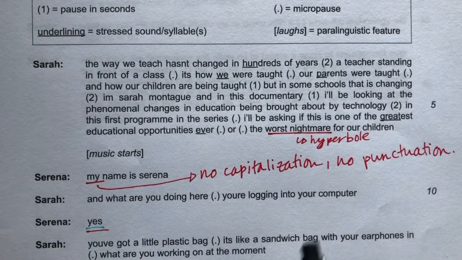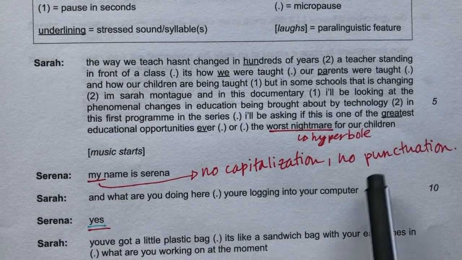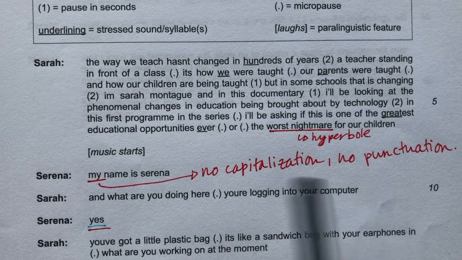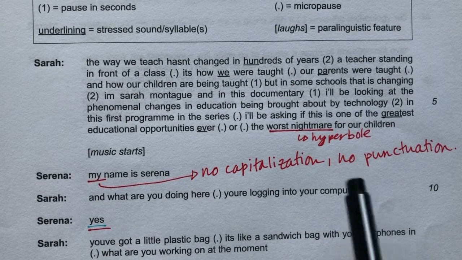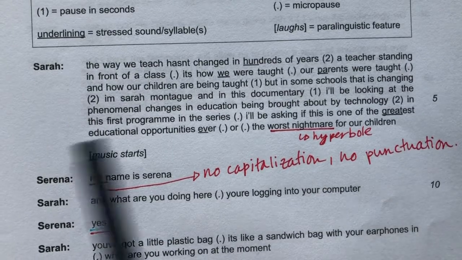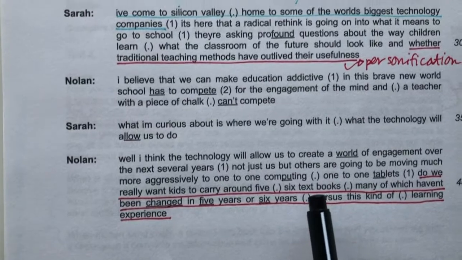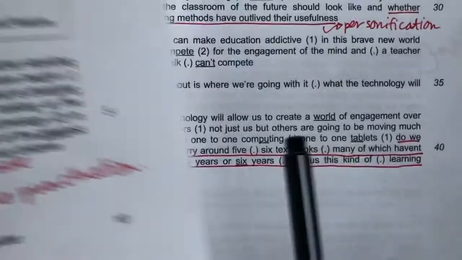When questions are being asked, like what are you doing, you're logging into your computer, there's no question mark here. There's a lot of things that I noticed regarding the grammar, and this is normal for a transcript.